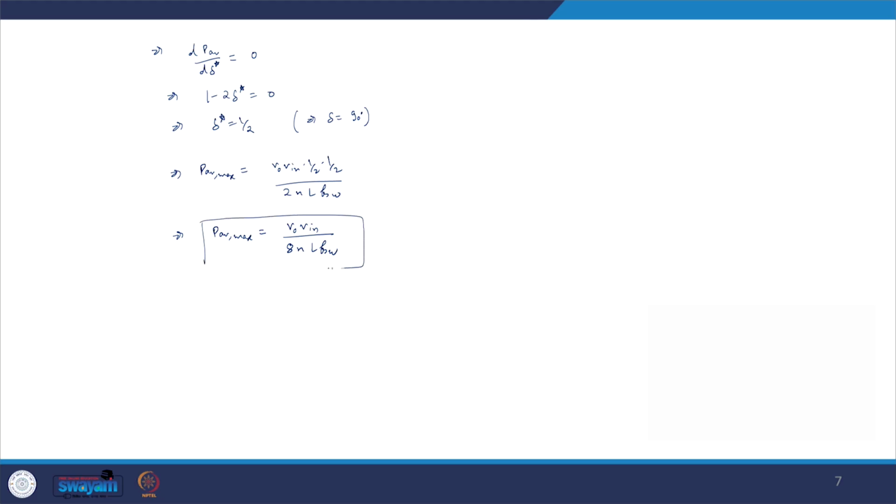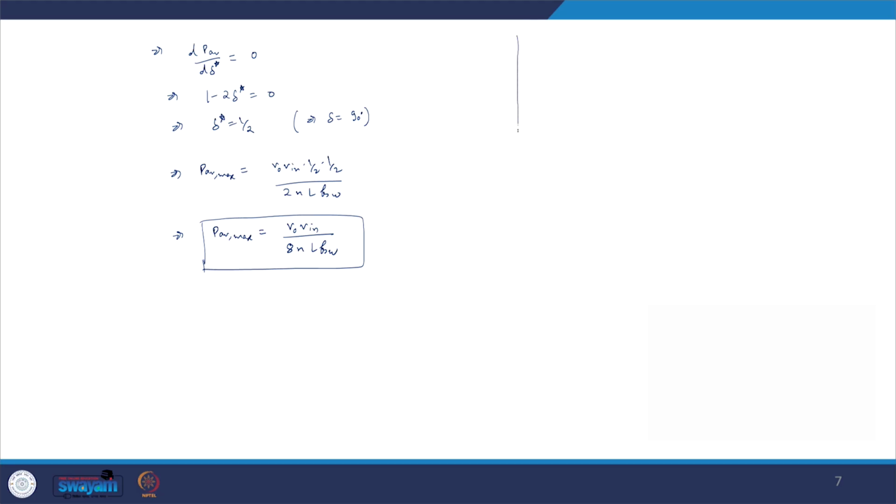This is the expression that defines the maximum power we can transfer from the input to the output side. The same expression we get when transferring power from V naught to V in.